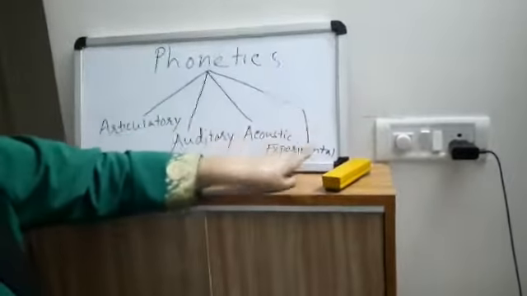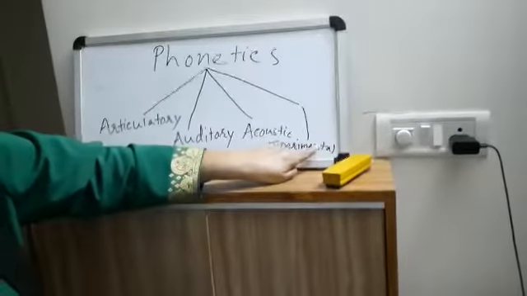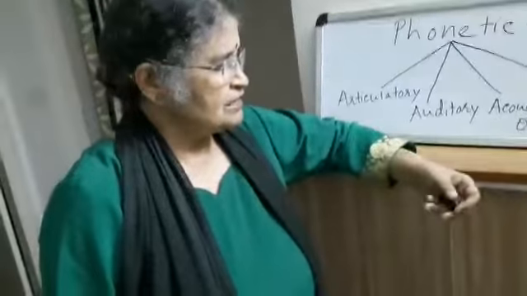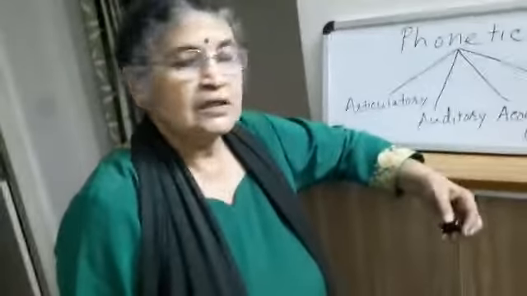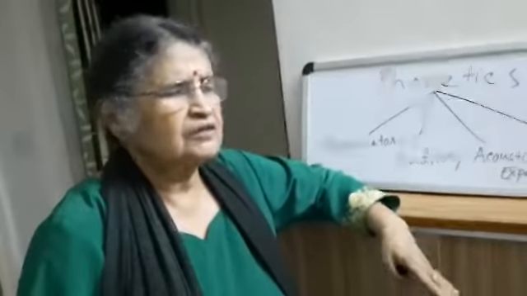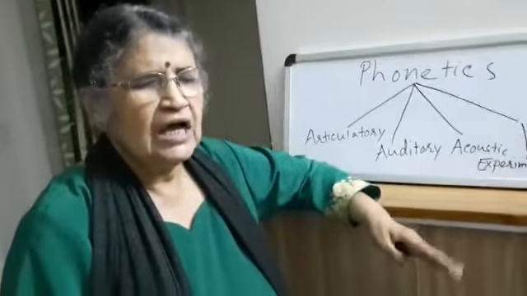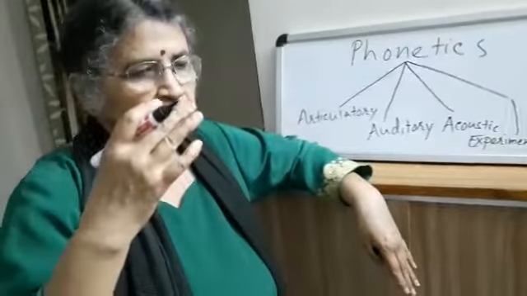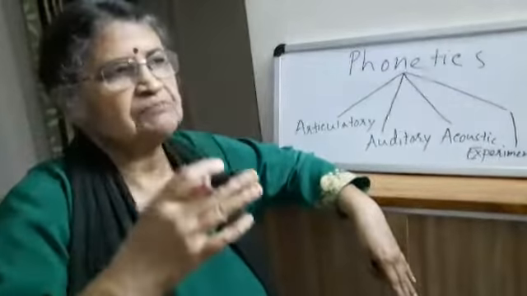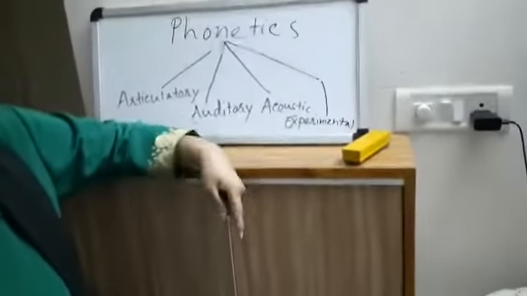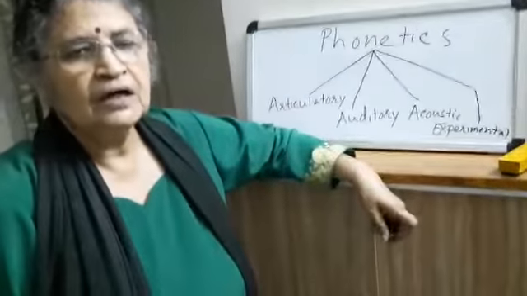Now the 4th branch is called experimental phonetics. What is experimental phonetics? We can study different aspects of speech sounds, and how this can be practically used or applied is studied in experimental phonetics. There are many applications of the findings of phonetics.